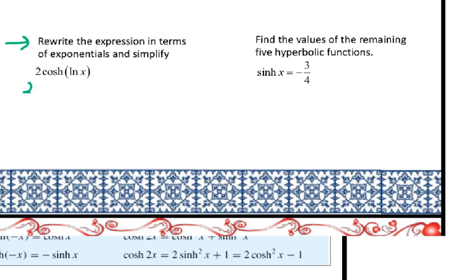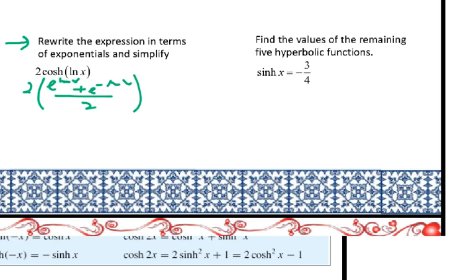So we're going to have 2 times e to the ln x plus e to the negative ln x over 2. Okay, so we're just substituting that in. We're doing exactly what it says, rewrite the expression in terms of exponentials and simplify. So we rewrote it in terms of exponentials, that's done.